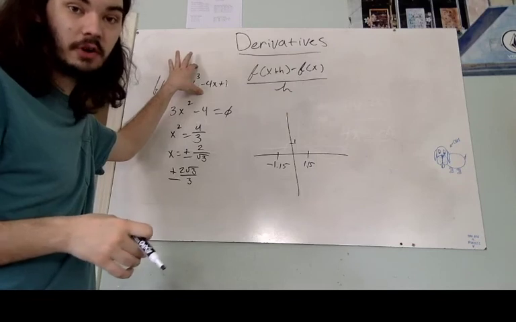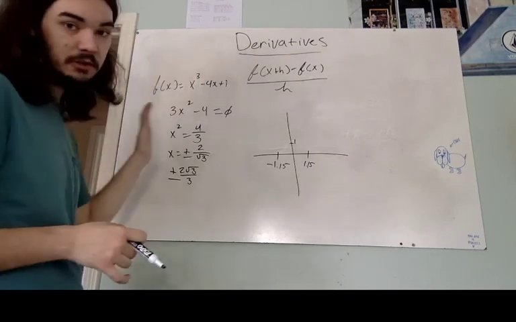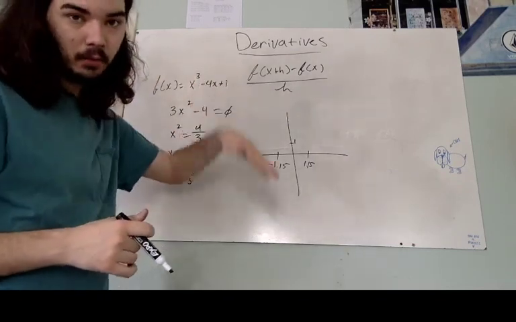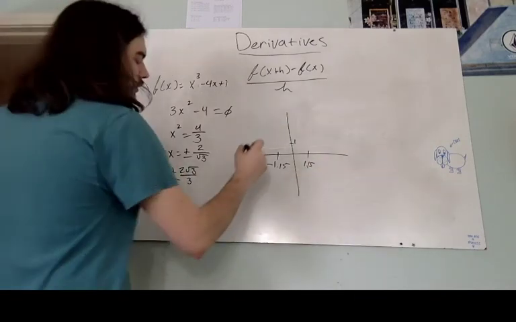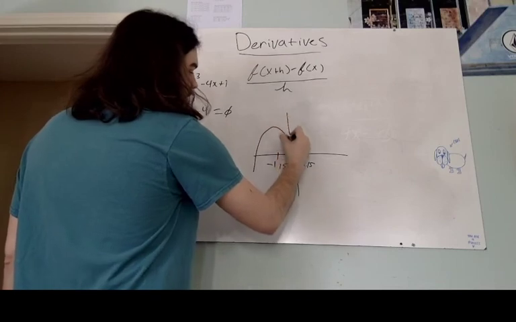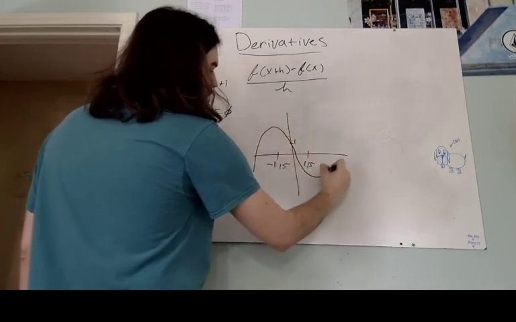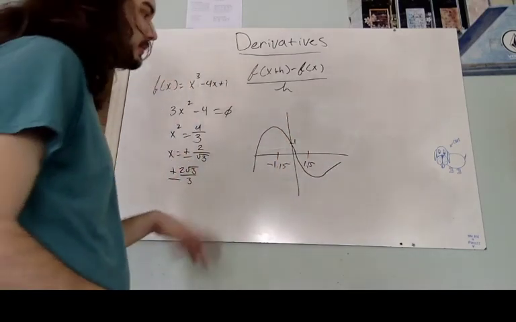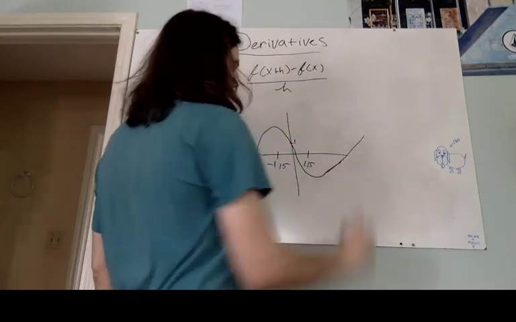These are not roots of the function. They're roots of the derivative. So what that means is they're bending points of the original function. So I'm going to have a bend at about right here, and then another bend at about right here. And then we're not quite sure what's going to happen after that. It's probably just going to keep going up.